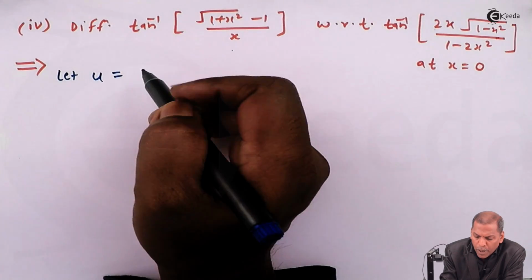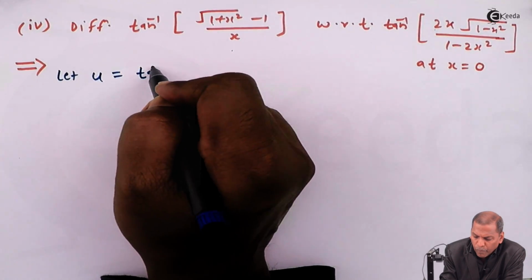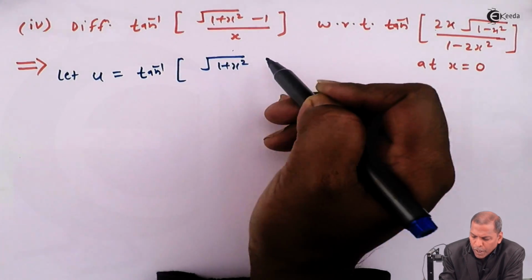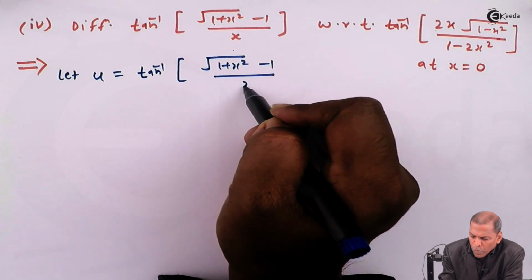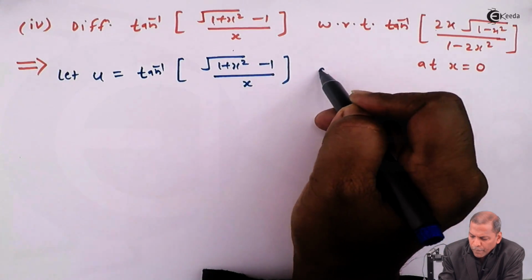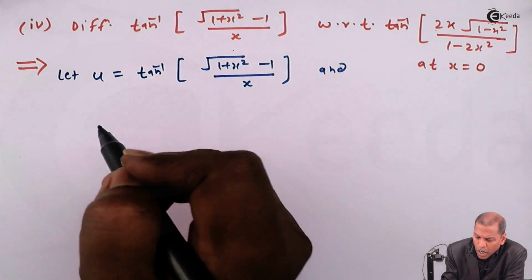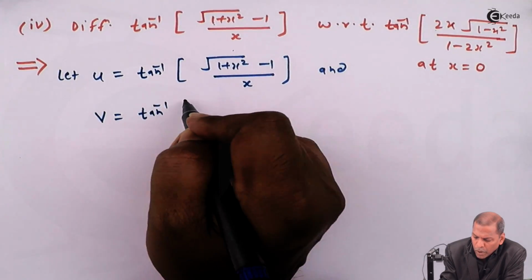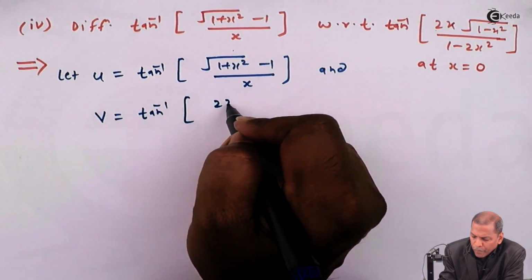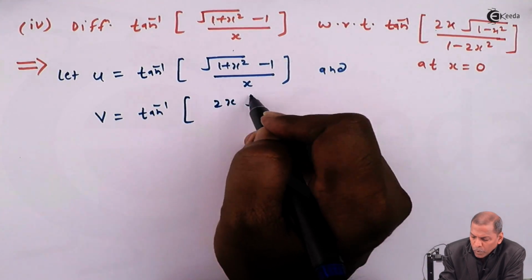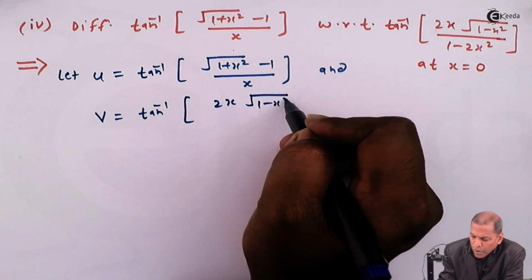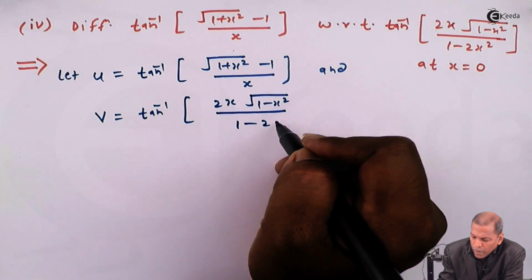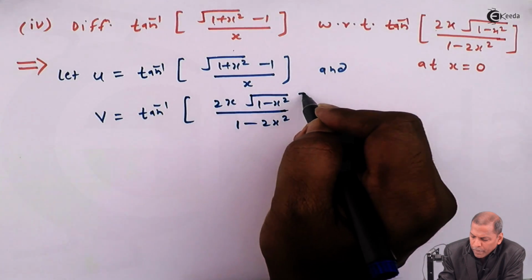So let u is equal to tan inverse of (under root 1 plus x square minus 1) divided by x, and v is equal to tan inverse of (2x into root 1 minus x square) divided by (1 minus 2x square).